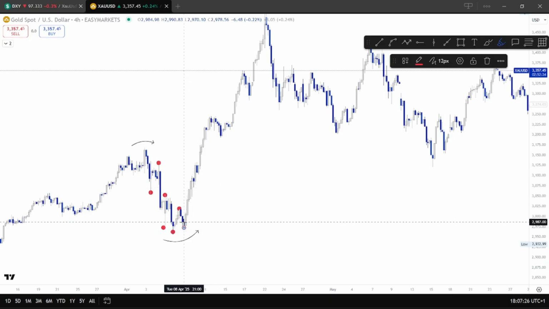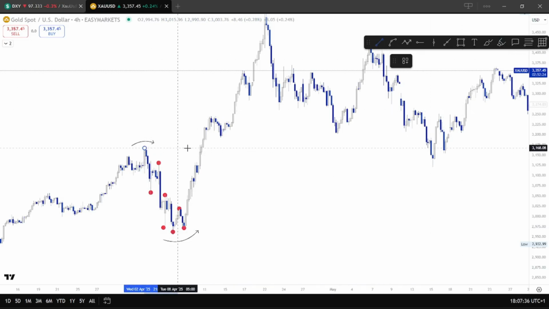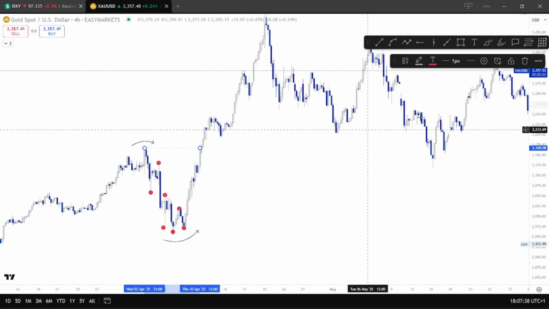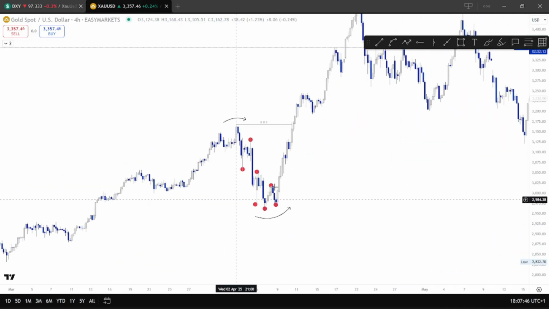We rallied all the way up, and then we broke above this weak high here, this long-term high, giving us a break of structure. That is because the market has been in bullish sentiment from the one. Did you see that?